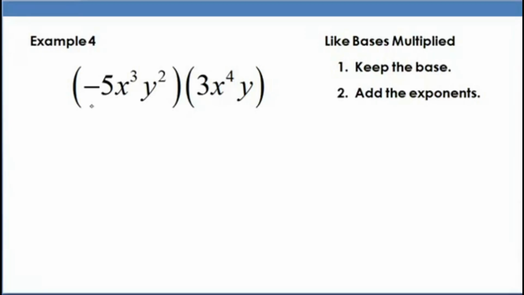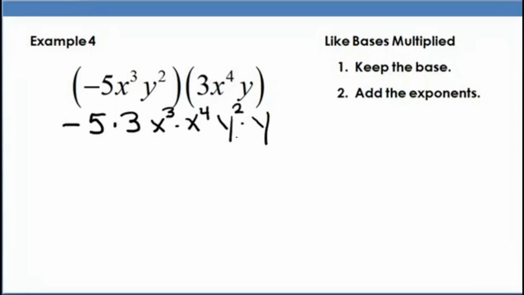So I'm going to pull my numbers. So -5 times 3, and then my x's, x cubed times x to the 4th, and then my y's, y squared times y. So I'm just putting the things that are alike together.